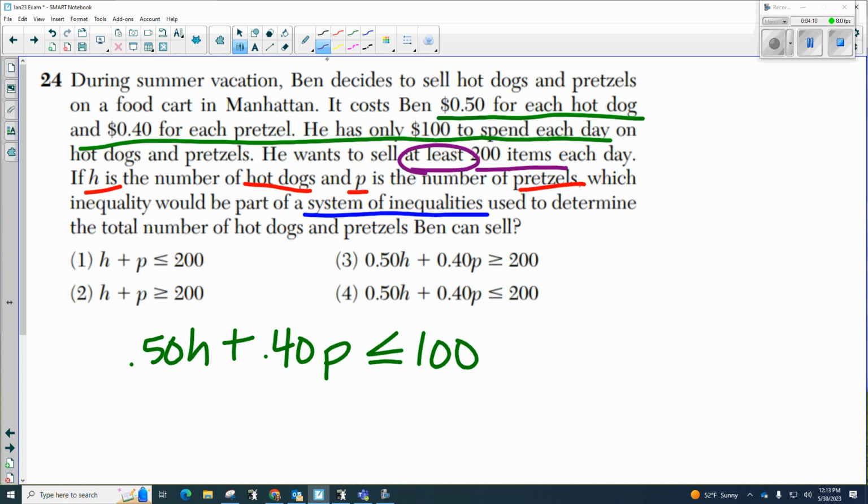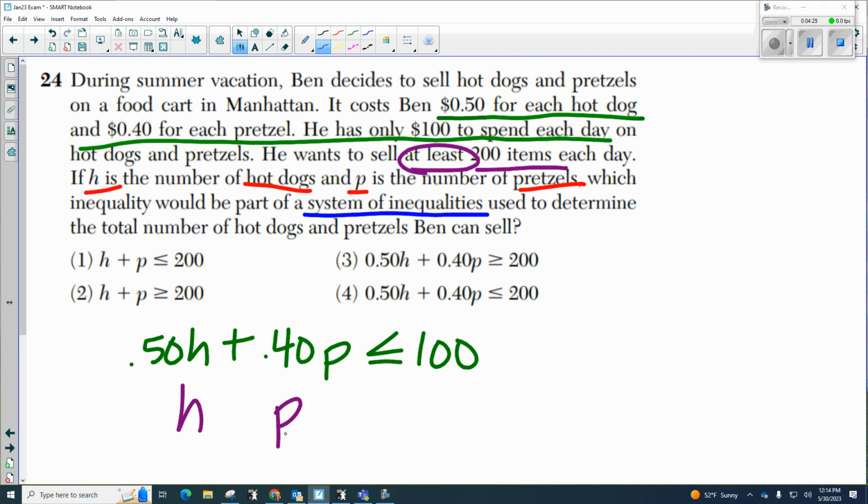Now let's take a look here. He wants to sell at least 200 items. That's highlighted in purple here. So the key with this one is it's just the number of items. So remember, H is the number of hot dogs. P is the number of pretzels.